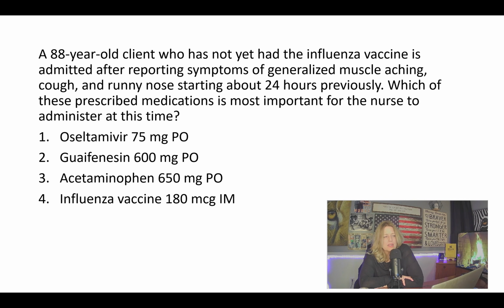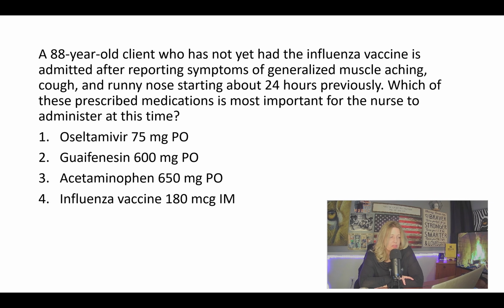Well, do you see it says admitted after reporting symptoms? That means every single one of the following things are subjective. Muscle aching, cough, and runny nose, all subjective. And you could say, well, cough is objective. Well, it's not when they say they reported it. If they say you observed them coughing, that's objective. If it says they reported a cough, that's subjective. So all of these are subjective findings.